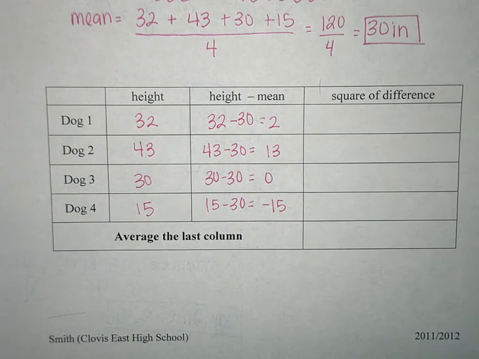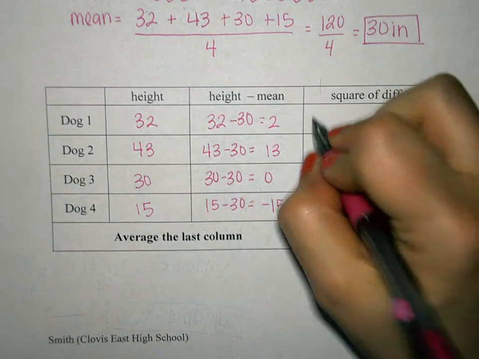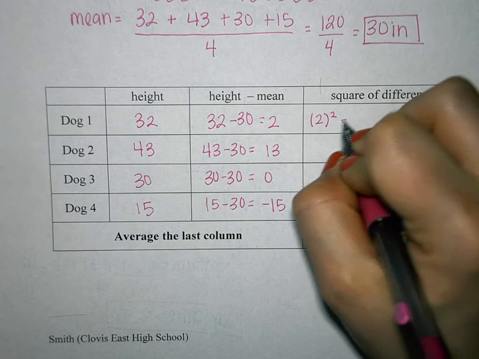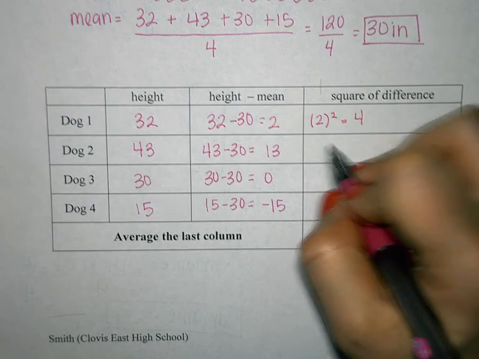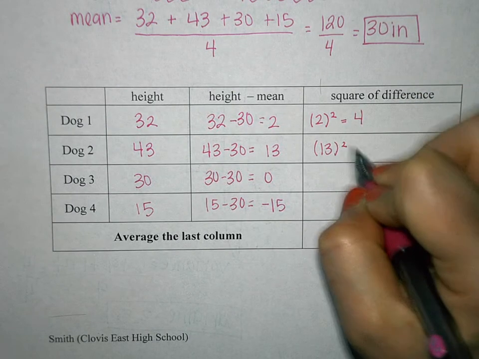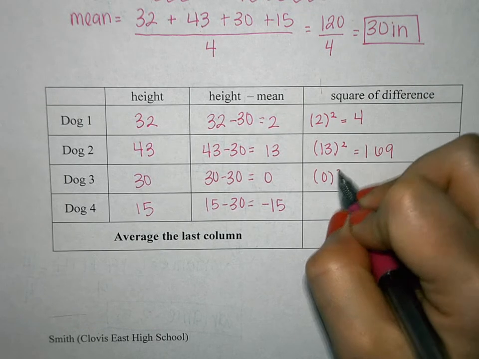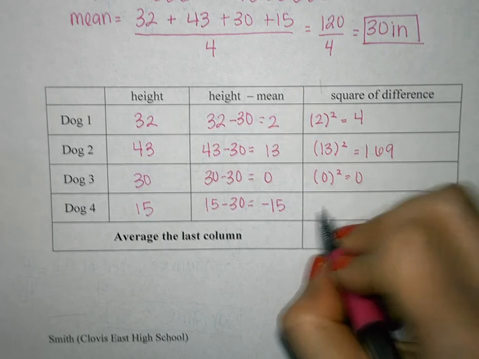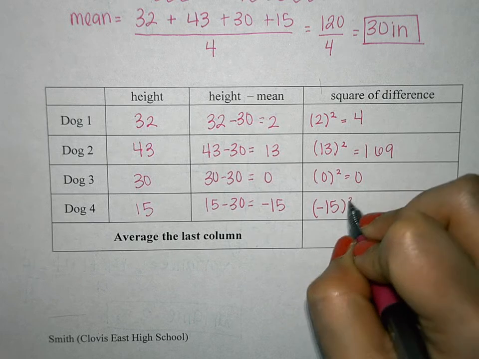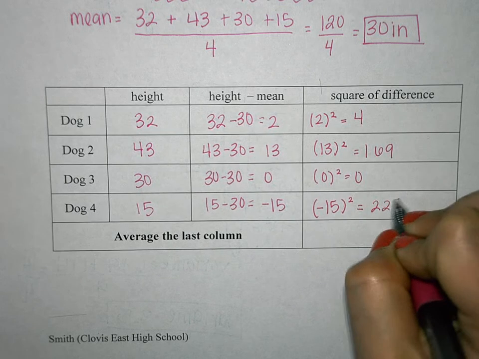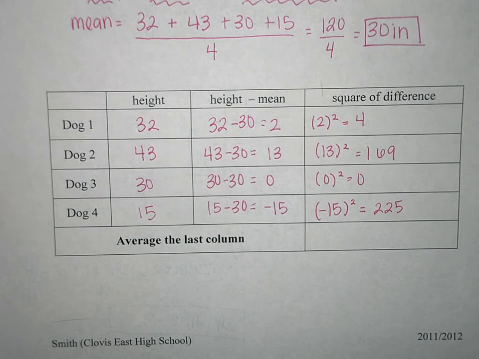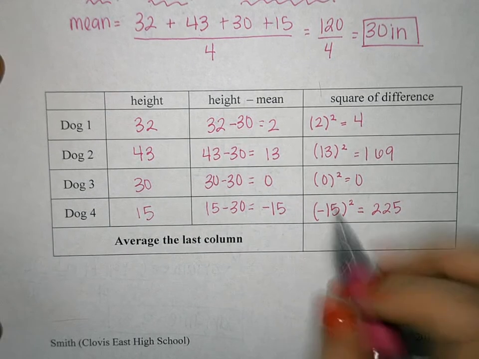So then our step 3 was to square all of those. So this is 2 squared, which comes out to 4. 13 squared, which is 169. 0 squared, which is 0. And then negative 15 squared, which is positive 225. And our last step is to take the average of all of these.